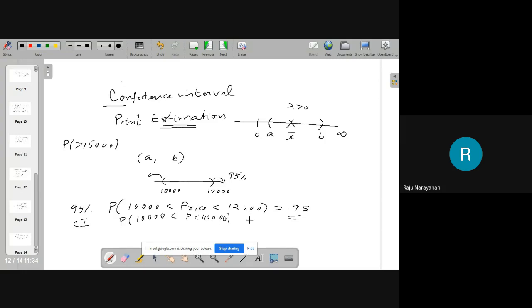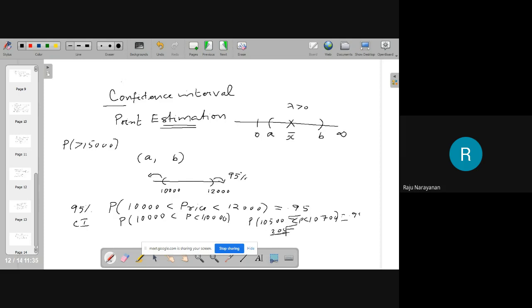Suppose you give me that the value is between 10,500 and 10,700 with the same level 0.95. That means the length of the interval is very small. I am getting more accurate information from the statement. I am not using any mathematical juggleries, I'm just using common sense. Here the length is only 200.